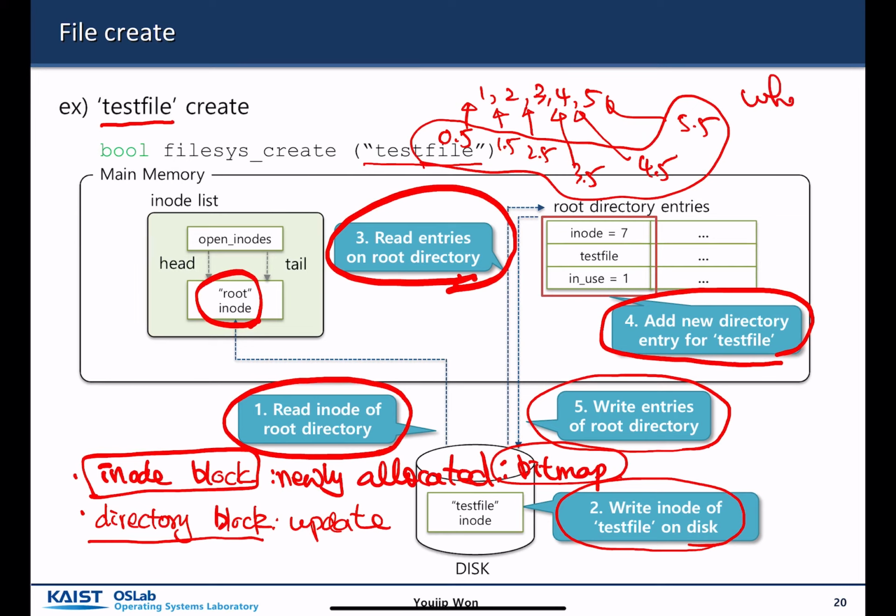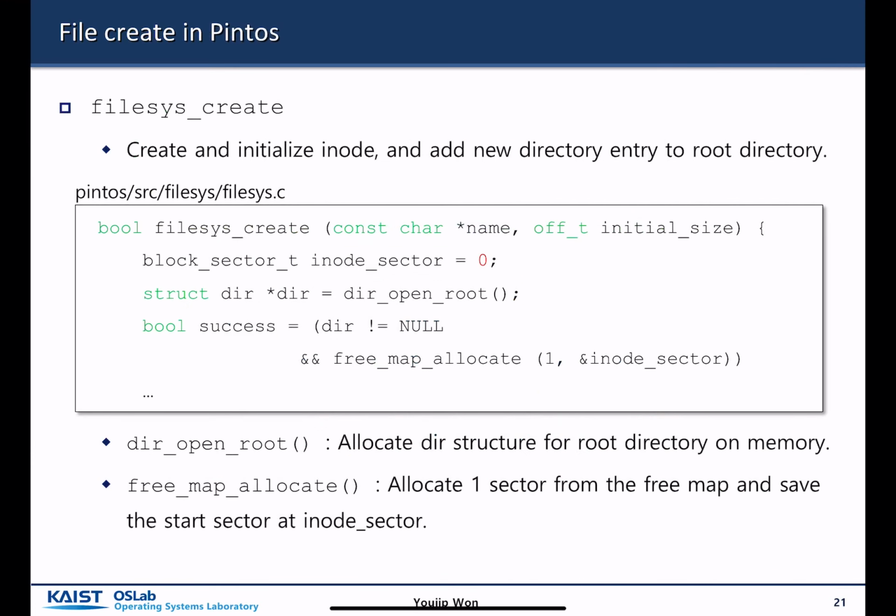Think about it. Of course, the answer is going to show up shortly. Okay, let's move on to the next page. The file system create consists of, well, there comes an answer right after. We first have to open the root directory.